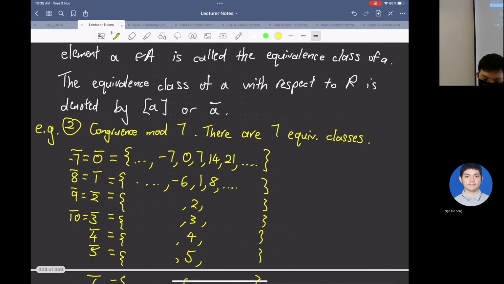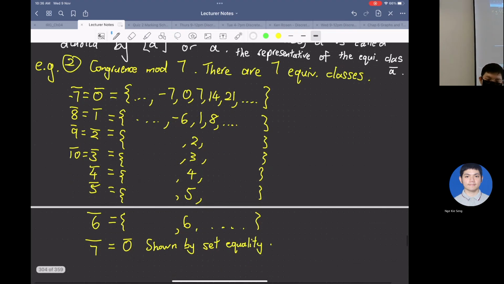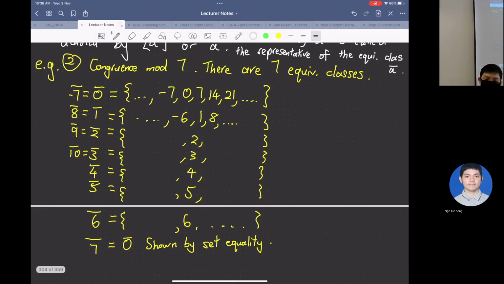So A is called the representative of the equivalence class. You can choose different representatives for the same equivalence class.